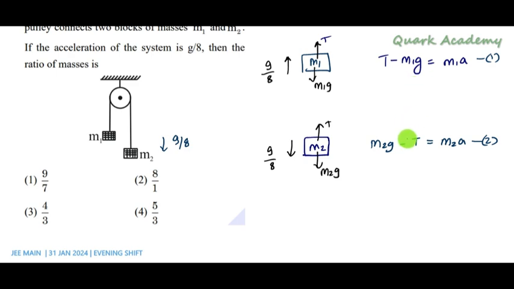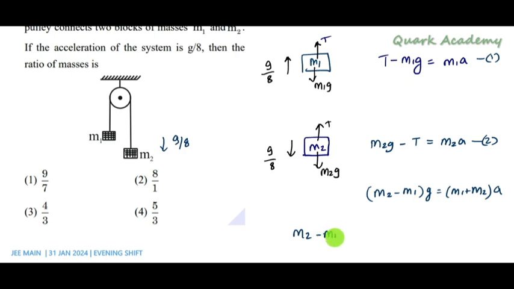Let's add two equations so that the tension gets cancelled. We'll get (m2 minus m1)g, which is equal to (m1 plus m2) into a. I'll substitute a here.